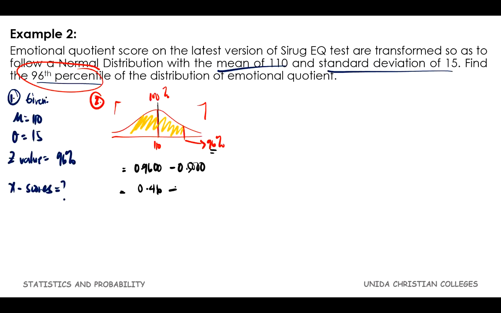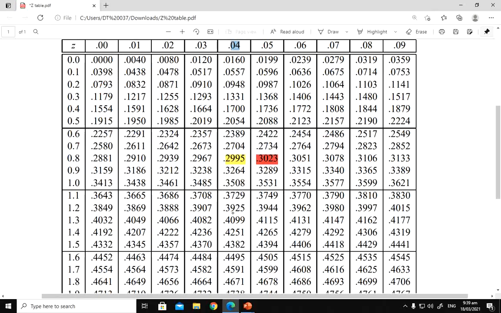Okay. Punta tayo sa, or look for the closest value in the z-table. Okay, so punta tayo ulit sa z-table. Nasaan dyan si 0.46? So, kung 0.46 yun, meaning 0.4600.